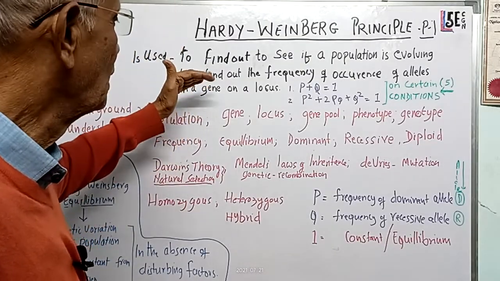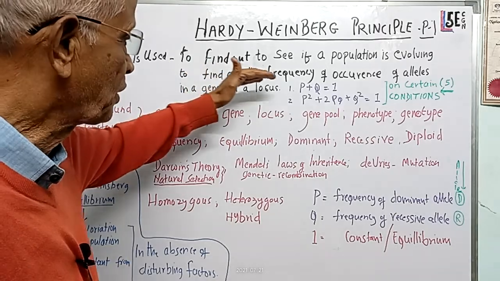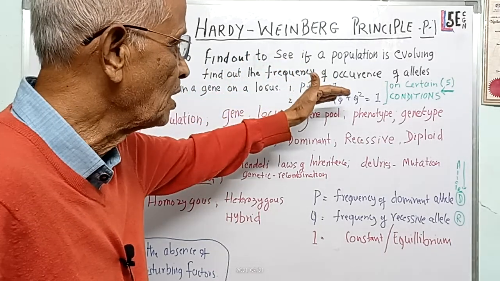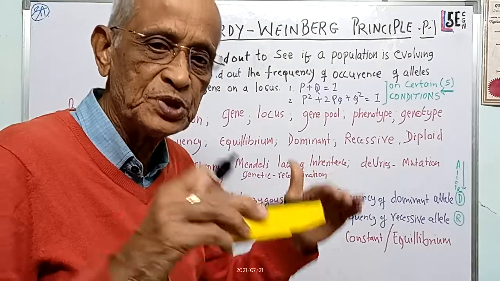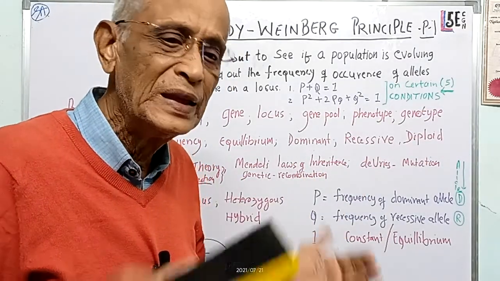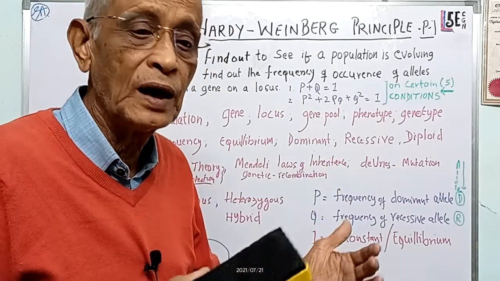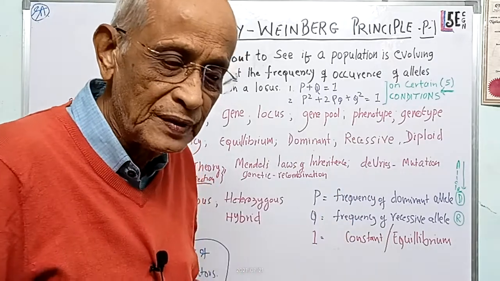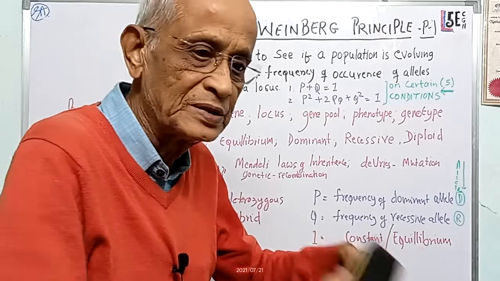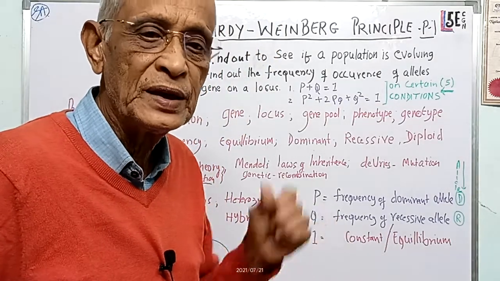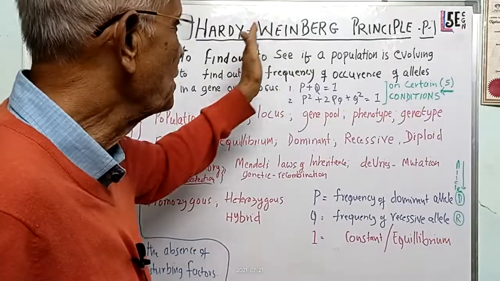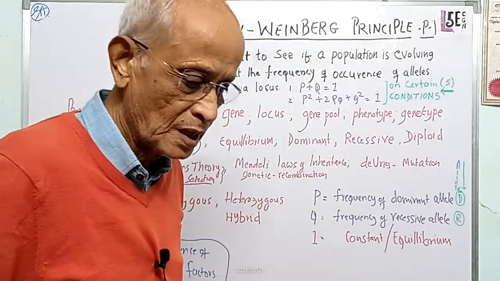And also it helps to find out the frequency of occurrence of alleles, the frequency of certain genes, how many times they appear in several generations, which can be decided by applying the Hardy-Weinberg principle.